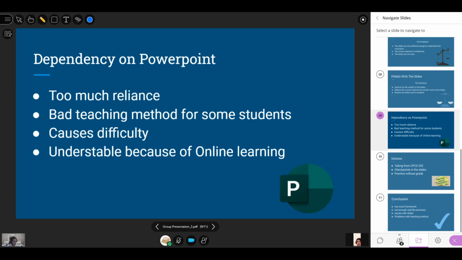This teaching method can cause some difficulty in understanding and comprehending the course for others, as the way they learn is not just by reading off a slide and writing down notes. While this teaching method is understandable because this semester is in an online learning environment, there are other teaching methods that can help make the learning easier on students.